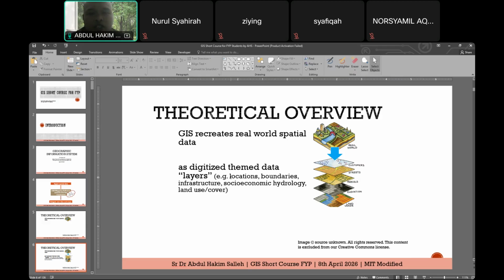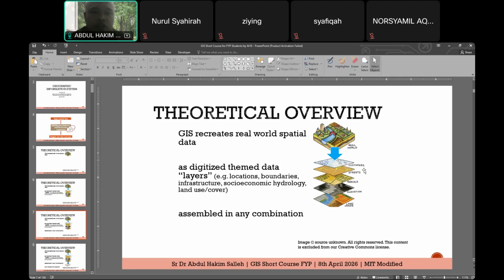So you want to find the locations of the car dealers together with the information of the tri-state boundaries. There are much more here, but I just give you some idea to think about.